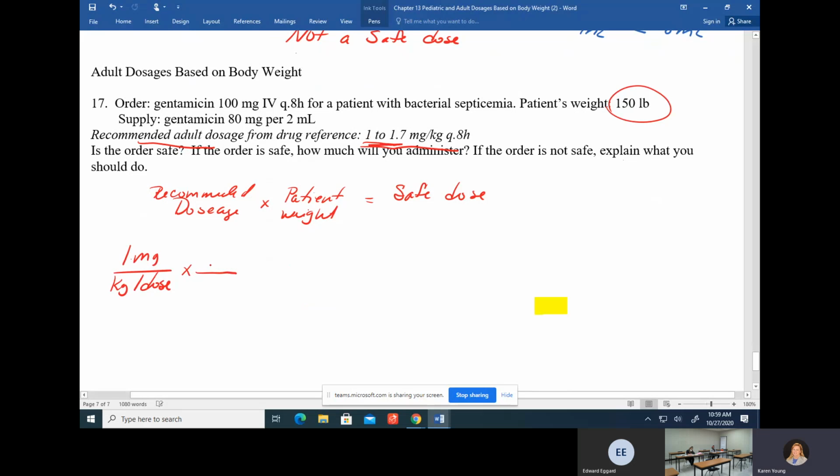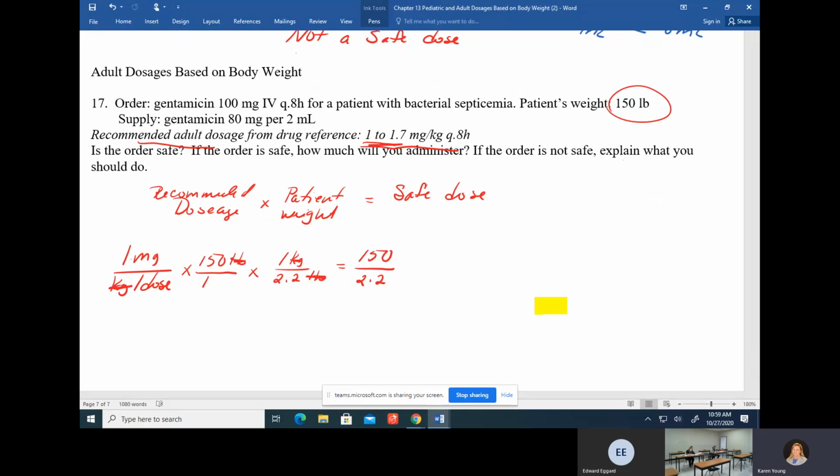Times my patient's weight, 150 pounds over 1, times my conversion, 1 kilogram per 2.2 pounds. Pounds cancel, my kilograms cancel. So 1 times 150 is 150. 1 times 2.2 is 2.2.